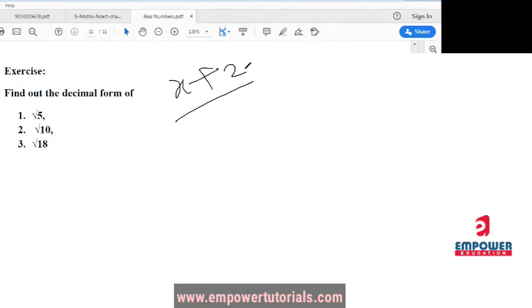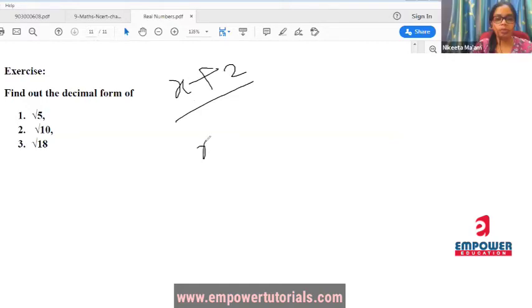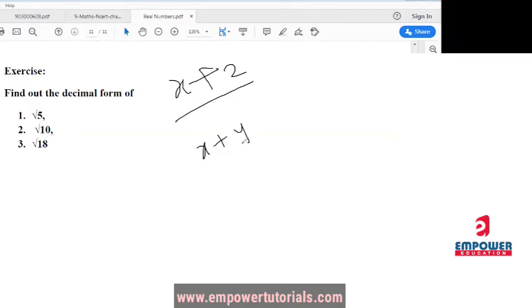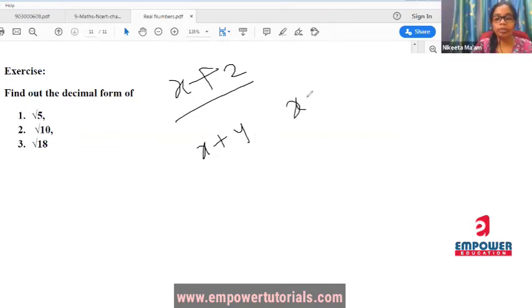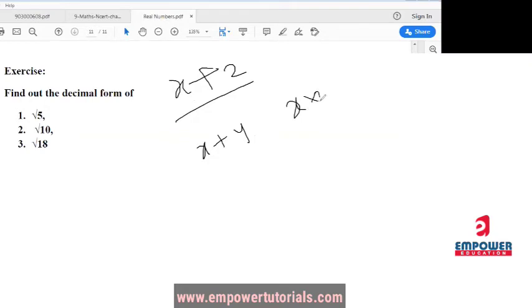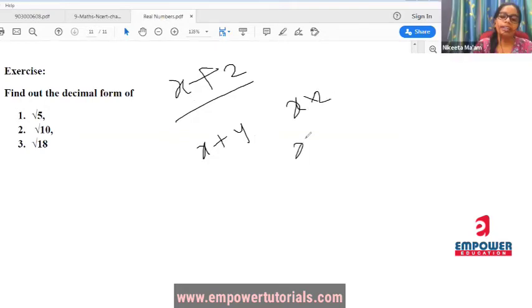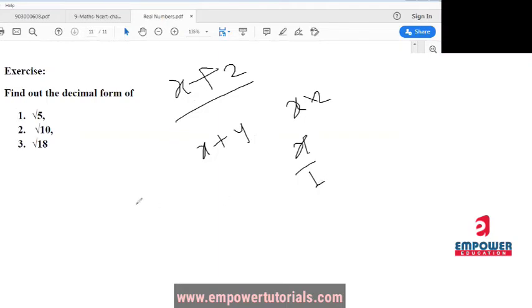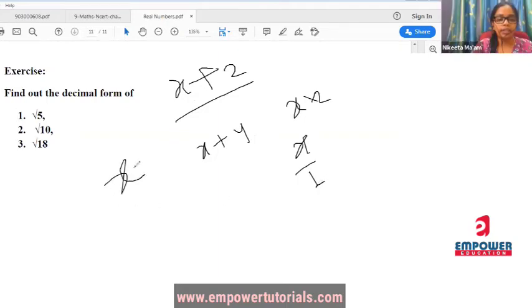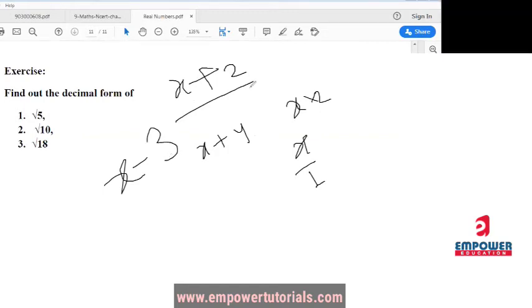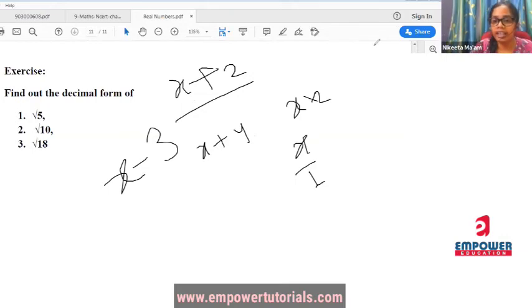No, ma'am. Can I add x plus y? No. Can I multiply x into 2? Yes. Can I divide x by 2? Yes. Can I subtract x minus 3? No. The same are the rules for rational and irrational numbers.